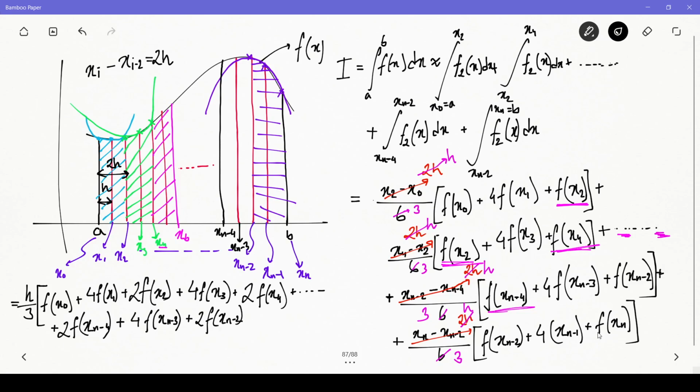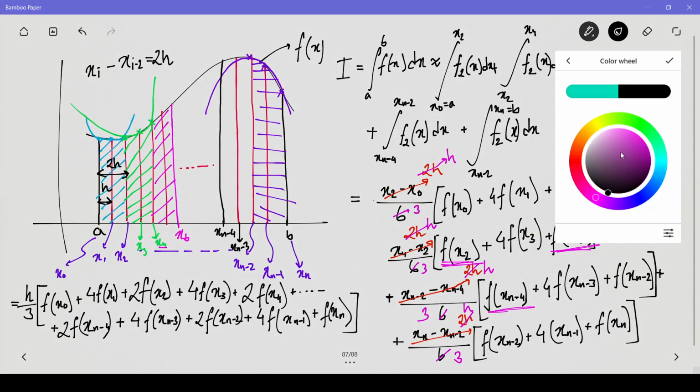And for the last two terms, we have 4 times f of x sub n minus 1, and lastly we have f of x sub n, where x sub n is the rightmost or the upper limit of our integral. Okay, so try to notice a pattern.